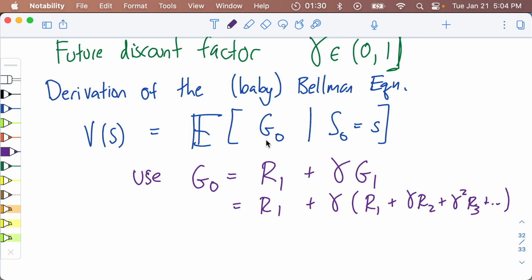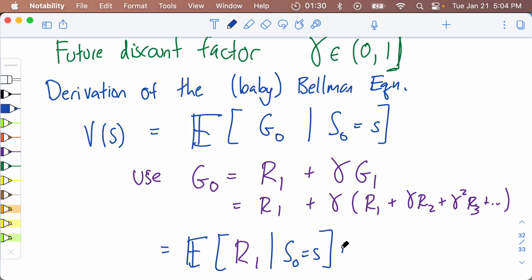So let's put that into our equation. It's the rewards we get now, R1, given S0 equals S, and then plus gamma times the expected value of G1 in purple.